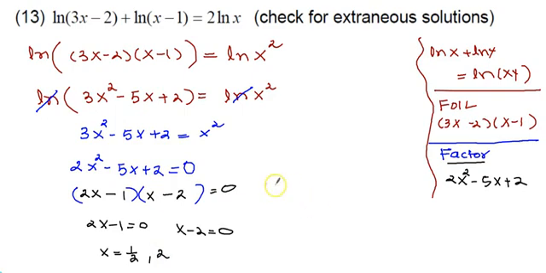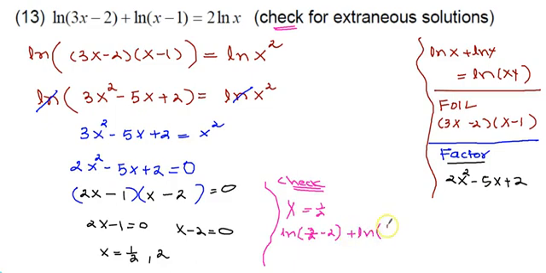Okay, so let's do the checking part. This says check for extraneous. If I put x is equal to 1/2, what's happening here? Ln of 3 times 1/2 minus 2, plus ln of 1/2 minus 1, equals 2 ln 1/2.